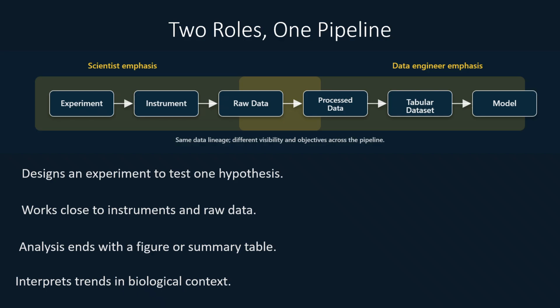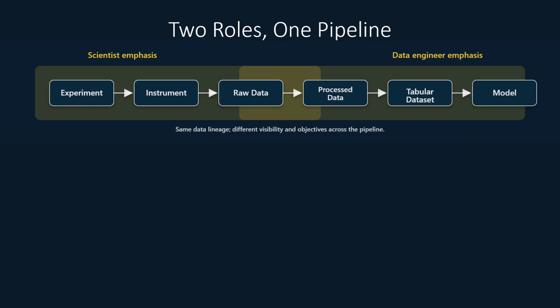Now let's see the data engineer's emphasis. On the other side of the pipeline is the data engineer. Their goal is to build models that generalize across many experiments, not to analyze a single one in isolation. So they typically work with exported processed files, maybe CSVs or TSVs, rather than raw instrument files.